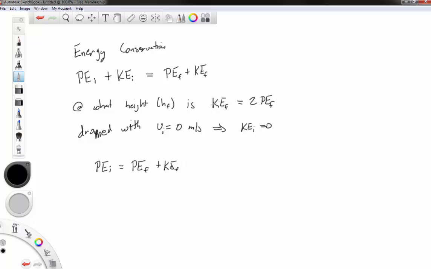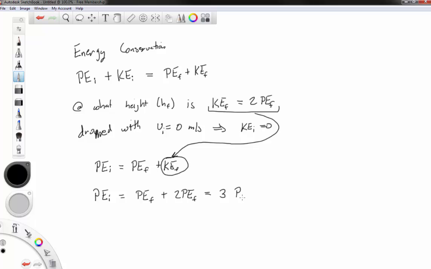And using this equation right here, we can plug in that this term is equal to twice this term. So we have potential energy initial is potential energy final plus 2 more potential energy final. And so of course you have 1 plus 2, that's 3 potential energy finals.